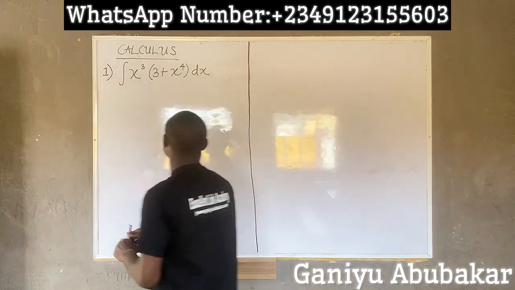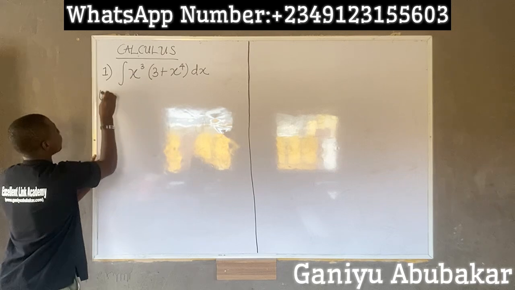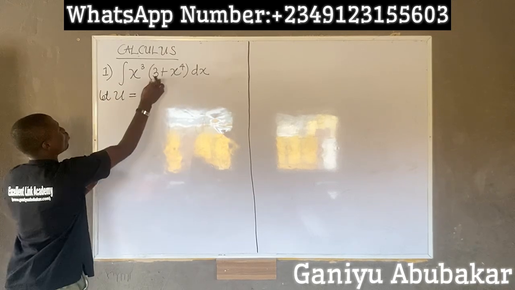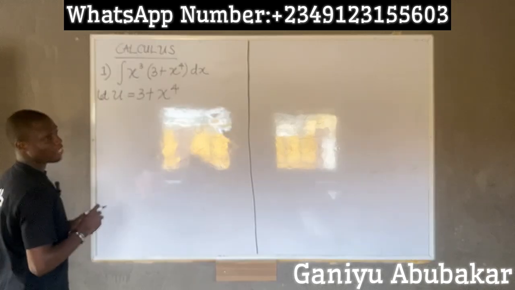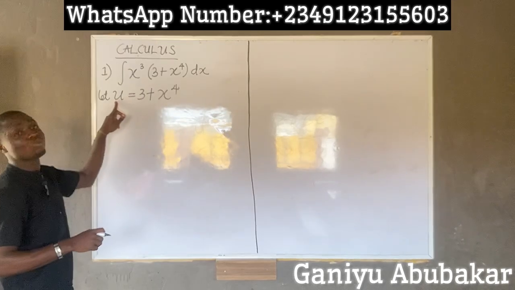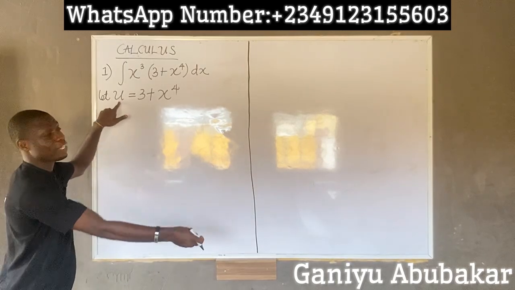First task, I'll call the thing in brackets u. So let u be equal to 3 plus x to the power 4. That's the first task. Now I'm seeing u and I'm seeing x, so I'll differentiate u with respect to x.